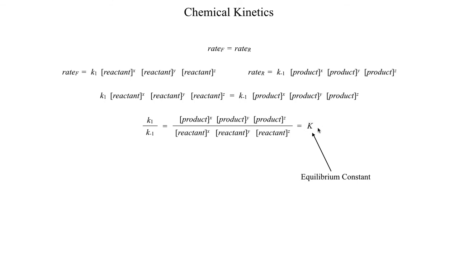And this more or less represents whether, in this particular chemical reaction, the products are going to be preferred or the reactants are going to be preferred. So if this constant is very large, that means at equilibrium, your concentration of products is going to be much larger than the concentration of your reactants.